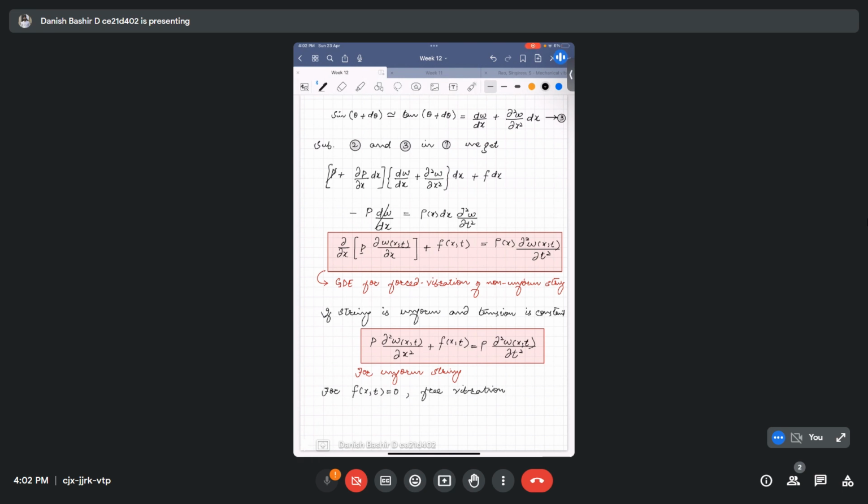So in that case, the free vibration equation will boil down to P dou 2 W by dou x square, where W is a function of x comma t, and it will be equal to rho dou 2 W of x comma t divided by dou t square, okay. Simple. This is the free vibration equation for a string. It's a very famous equation, okay, keep that in mind.